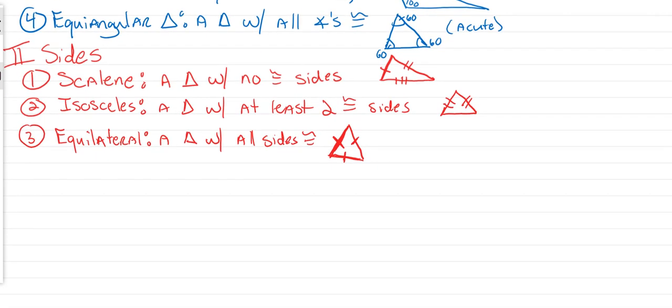All right. And then the last thing we'll talk about that's in our triangle packet today is going to be the triangle angle sum theorem. Actually, there's one more thing after this. I shouldn't have said last time.